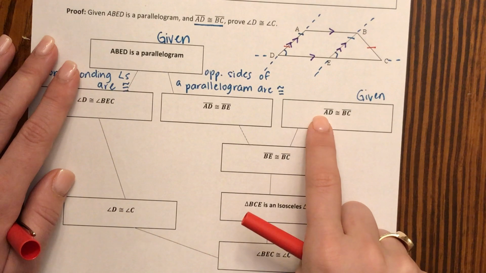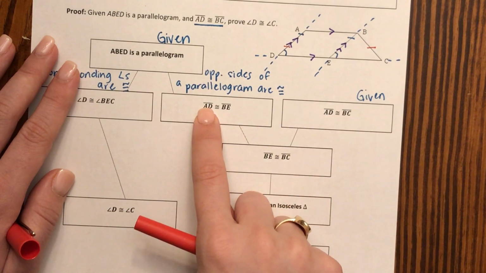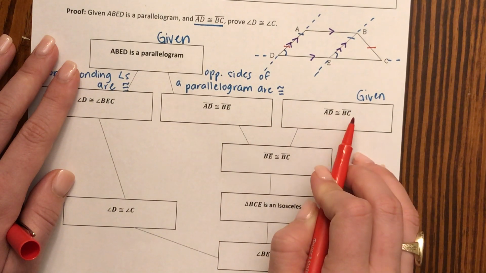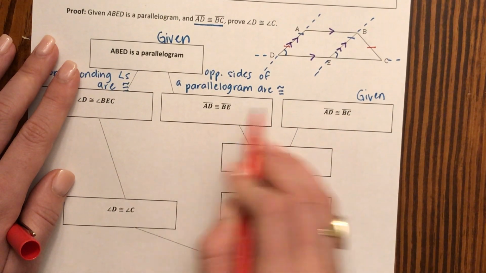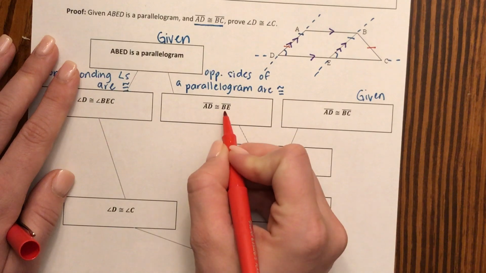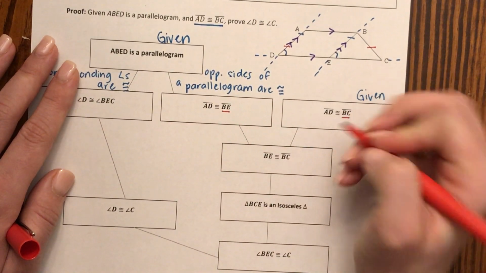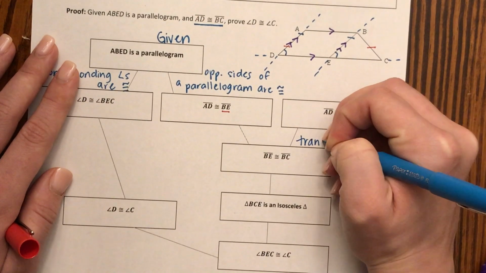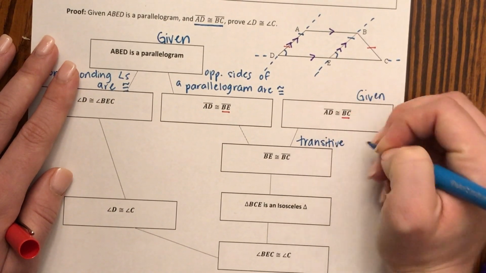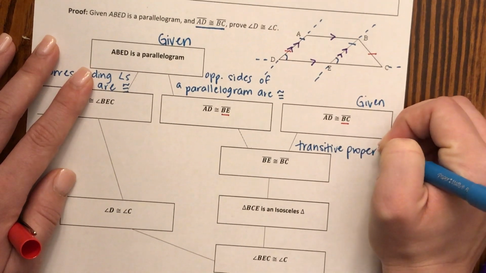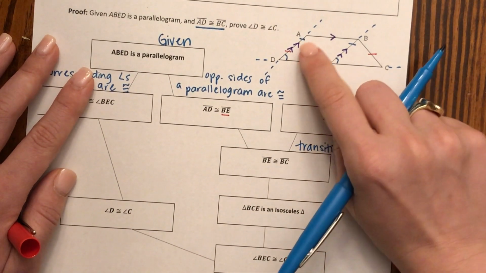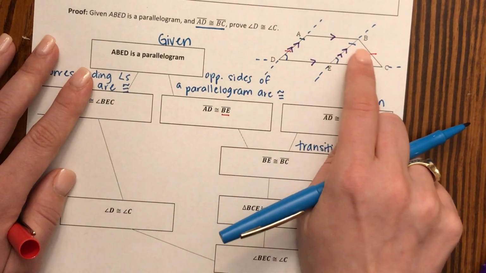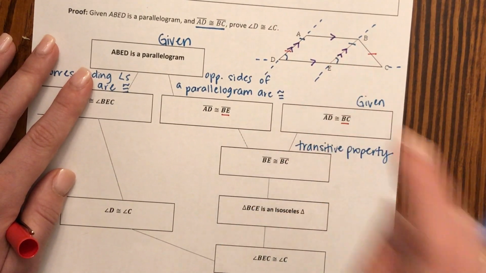So basically if you look right here, you've got AD and BE, AD and BC. So that means BE and BC must be congruent. You see how they line up? That property is called the transitive property. If you had any time to look at your proof cards, that's a Math 2 thing. So one more time, if the blue are congruent and the red are congruent, then this blue and this red right here must be congruent, right?